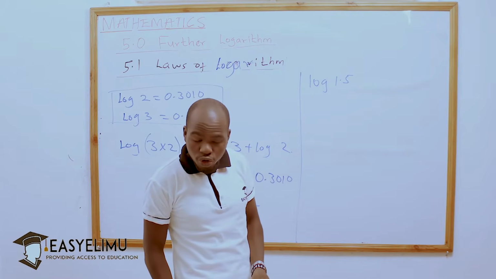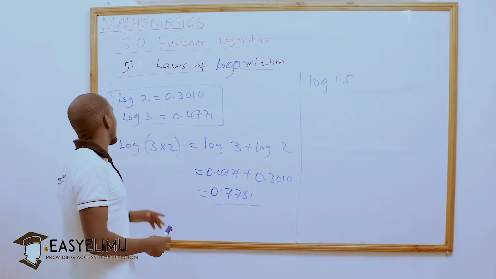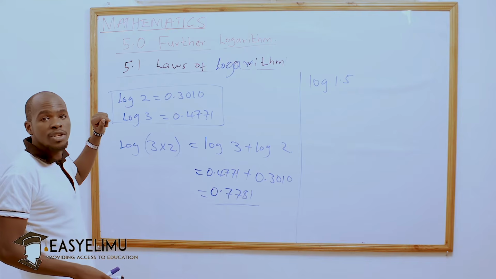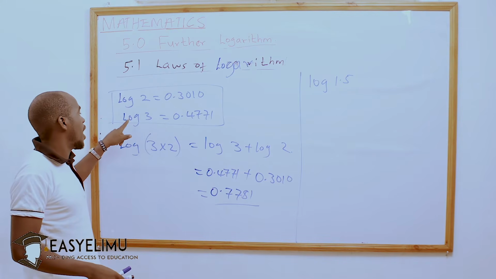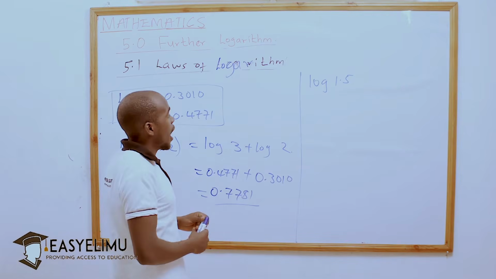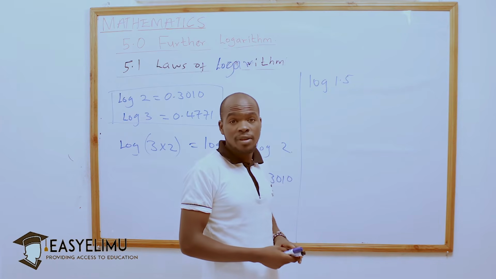We haven't been told to use a calculator or a mathematical table, but we were told the logarithm of 2 is 0.3010 and the logarithm of 3 is 0.4771, and now we are being given the logarithm of 1.5.